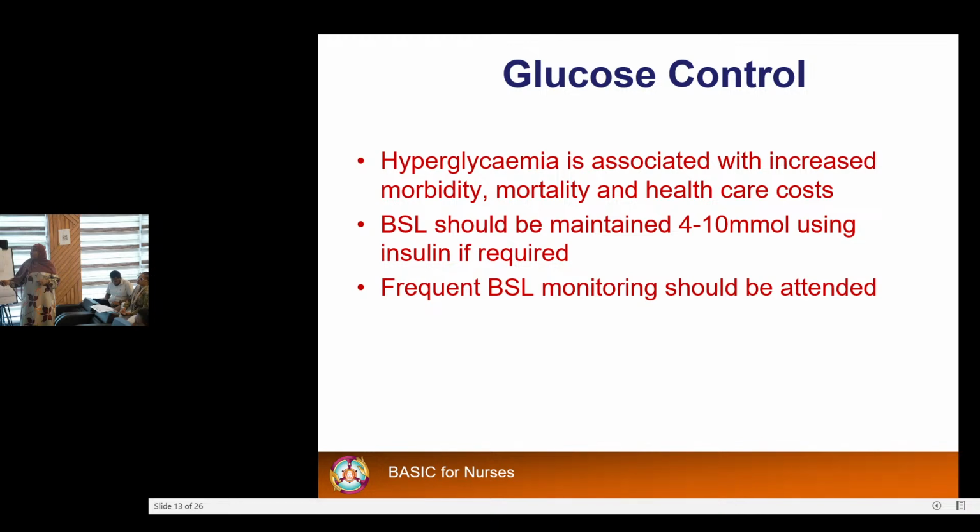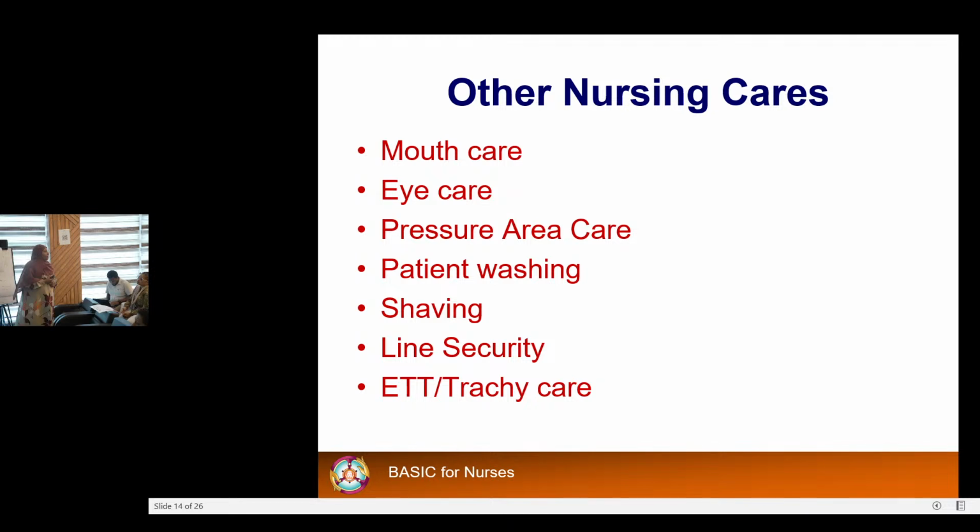So apart from those, FAST HUG, also in some lectures they add BID, FAST HUG BID. B for bowel care, which I've already discussed. If the patient has constipation, you can use lactulose. If you have diarrhea, you have to check for malabsorption, intolerance, you have to check for infection, you have to check other causes.